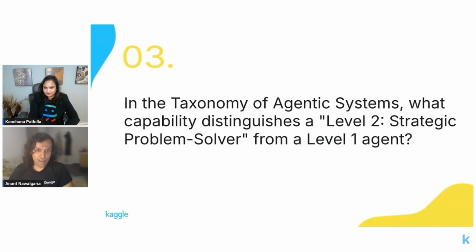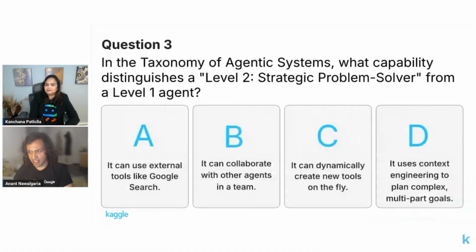In the taxonomy of agentic systems, what capability distinguishes a level 2 strategic problem-solving agent from a level 1 pure reasoning engine agent? So level 2 from level 1. Think back to your thinking caps, and all your options are A, it can use external tools, like Google Search.